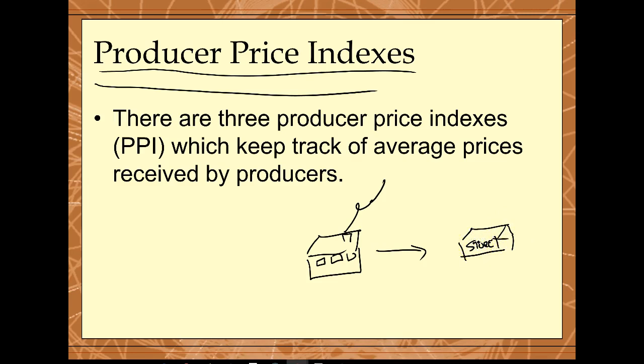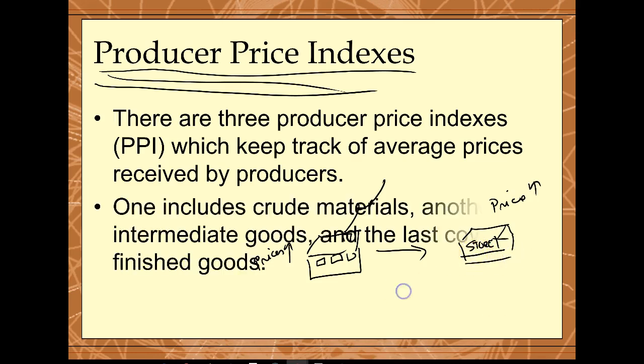And what we see here is if the producer is paying higher prices for raw materials, for ingredients, let's say, that's going to lead to higher prices at the store, right? So this is why people try to track producer prices to get a lead time to what may happen to consumer prices.